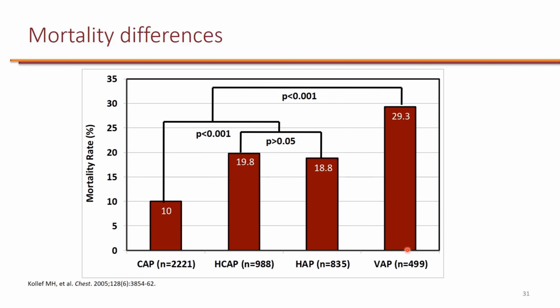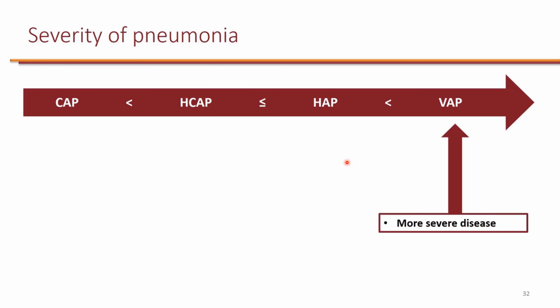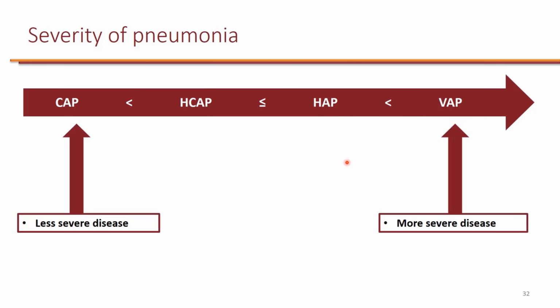Now on the other end of the spectrum, we have ventilator-associated pneumonia, which has the highest rate of mortality compared to other types of pneumonia. So I would rank different types of pneumonia like this. Ventilator-associated pneumonia is the more severe disease, and community-acquired pneumonia is a less severe disease relative to other types of pneumonia. So if community-acquired pneumonia is a less severe disease, where exactly should patients with CAP be treated?